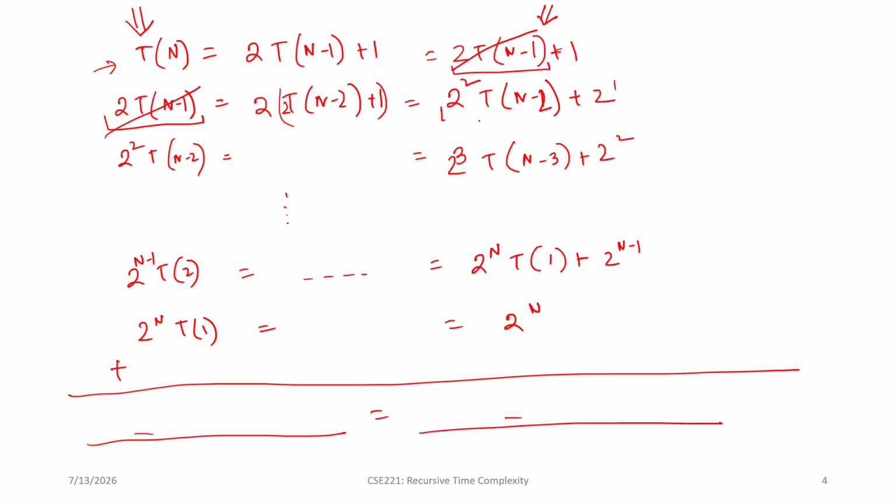Similarly, you can say 2 squared T(n-2) will be cut by this 2 squared T(n-2). And 2 cubed T(n-3) will also be cut by the immediate next value on the next line, which I have not written in this series. 2 to the n-1 T(1) will also be cut by the immediate previous line here, which I have also not written.